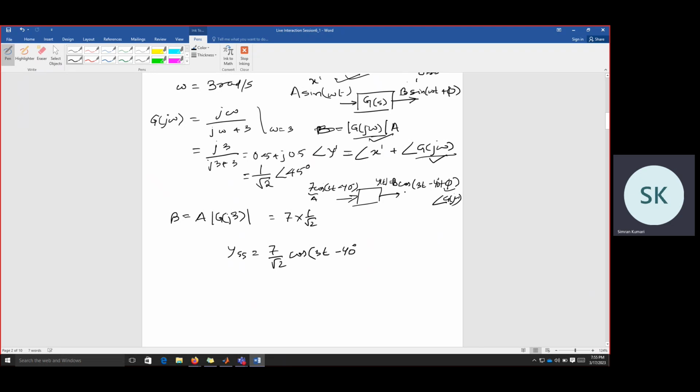So what is the value of phi, or the angle of G(j omega)? This is 45 degrees. We'll just add 45 degrees. Okay. So what do we get overall? 7 by root 2 cos(3t plus 5 degrees). So this is the steady state response of this system G(s) when it is excited by this signal r(t). Okay.